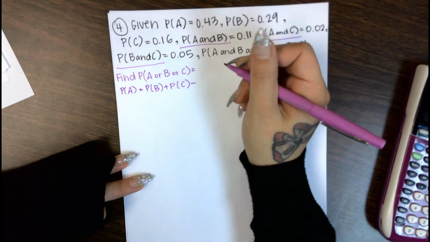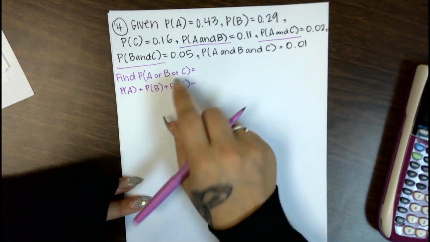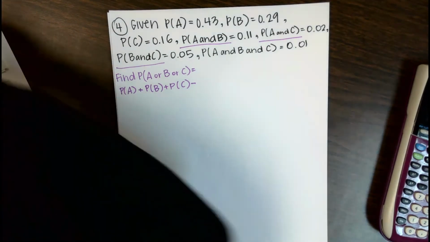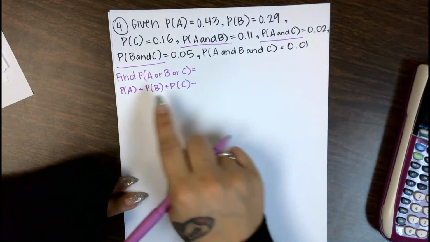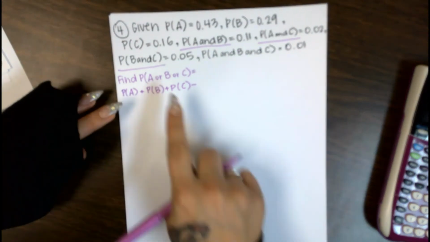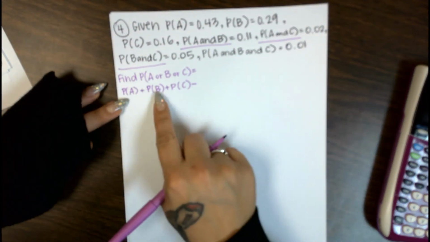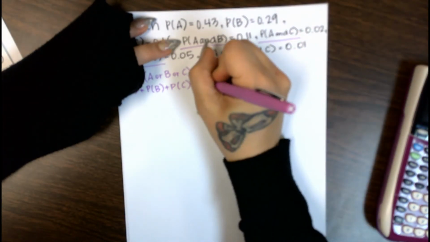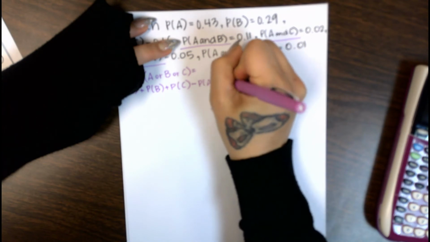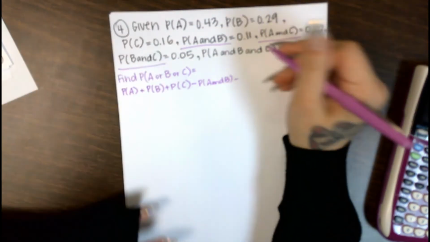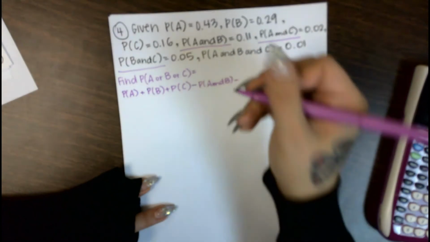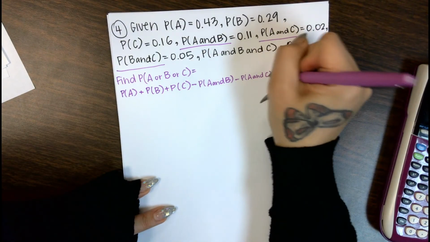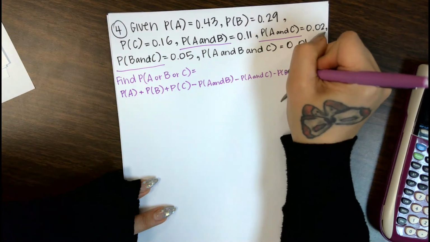You can't have a problem on your note card that y'all can have for the test, but you could have what I'm writing out right here on it. Okay? So A or B or C is A plus B plus C minus this and, subtract the A and C, subtract the B and C. And I still ran out of room.